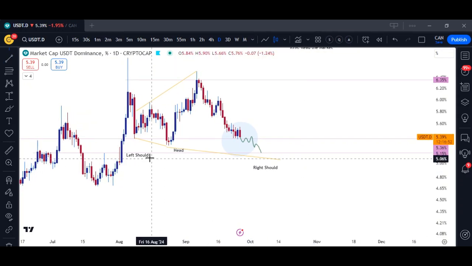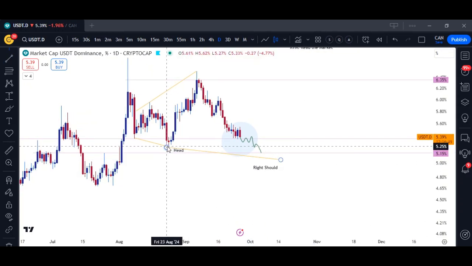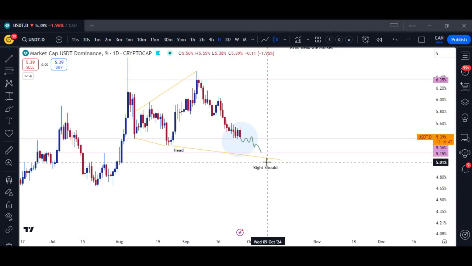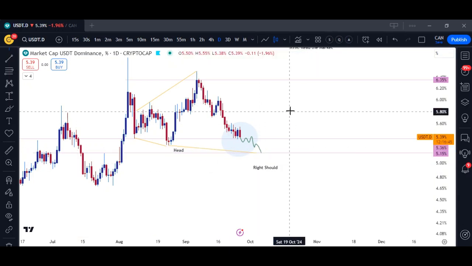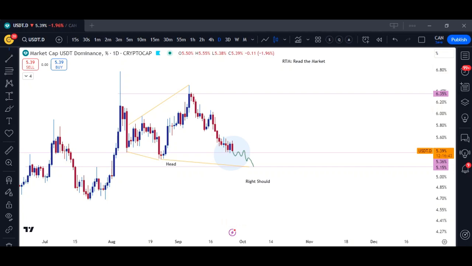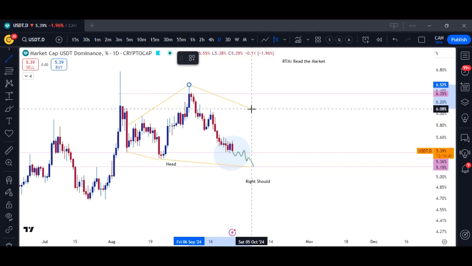So in that case, our head and shoulder will not be so accurate anymore, and we could expect this pattern to be forming in the market.